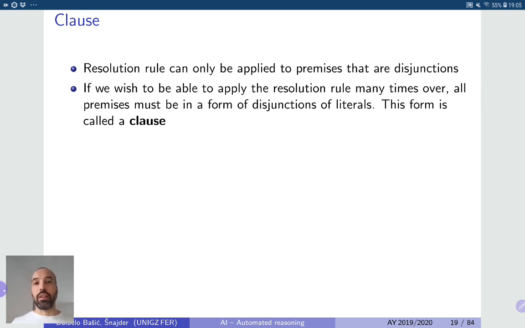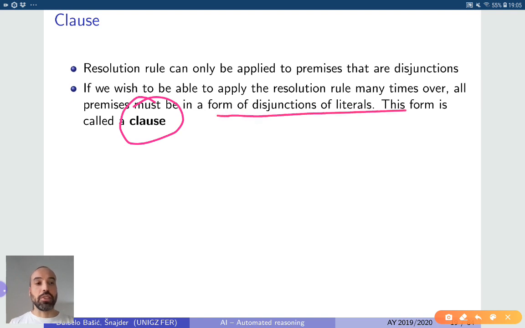We can rewrite any formula of propositional logic as a disjunction of literals, and this form is going to be called a clause. So a clause basically is a disjunction of literals. Let's first define the clause, and then I'll show you the procedure which will turn whatever formula into a clause.